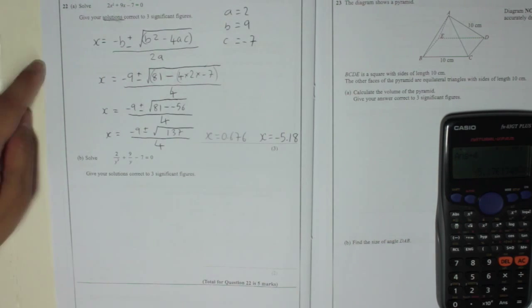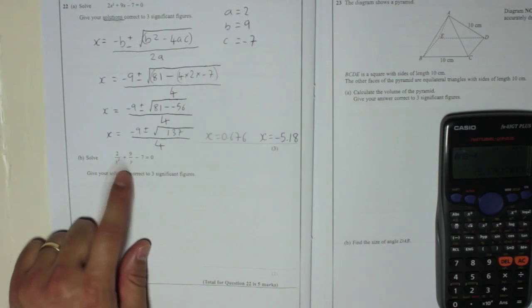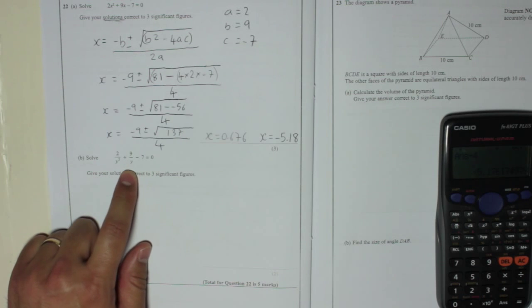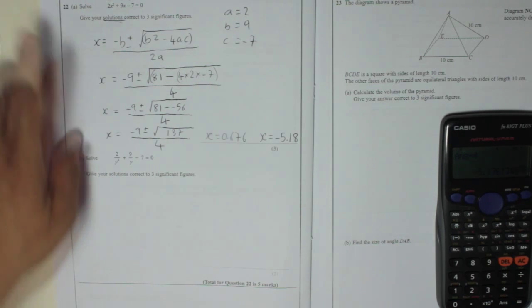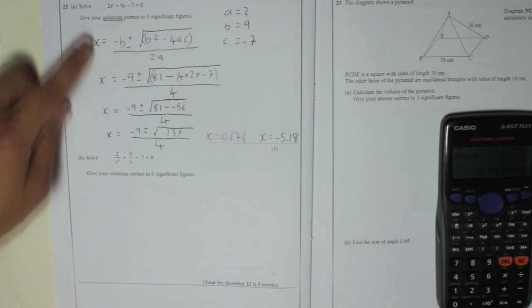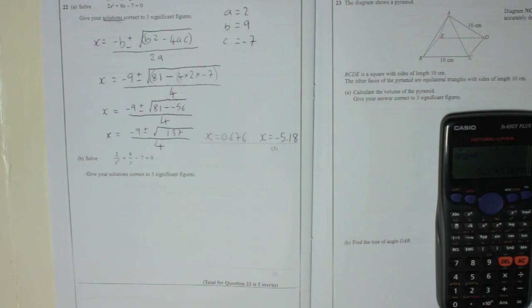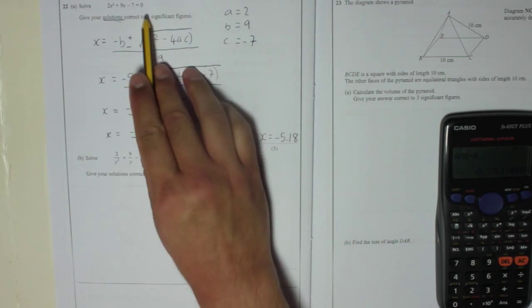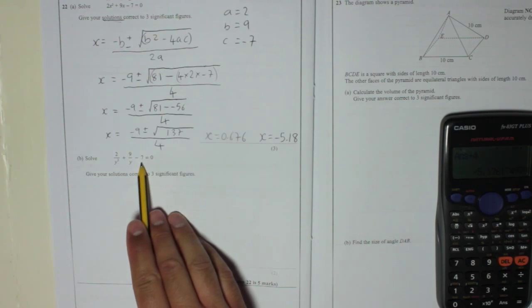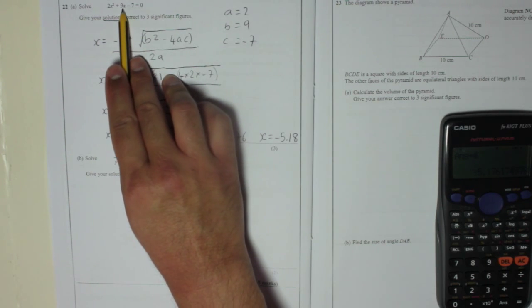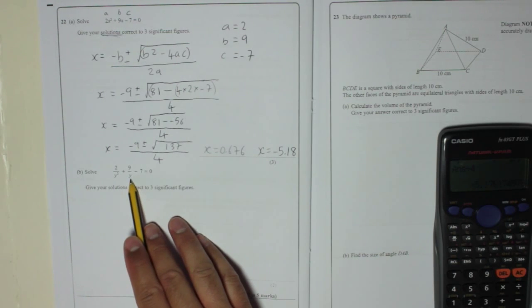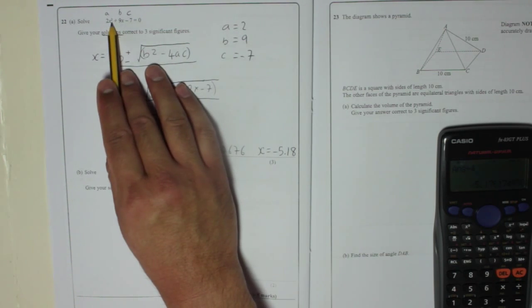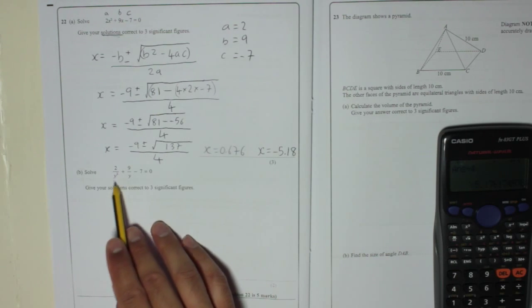Now when you get a question like this and you've got a part B and it says solve, and it seems random, well, B is nearly always somehow connected to A. So have a look at B and have a look at A and see if you can tell the difference. They both equal 0. They both have a minus 7. That one's got 9x. This one's got 9 over y. That one's got 2x squared. This one's got 2 over y squared.